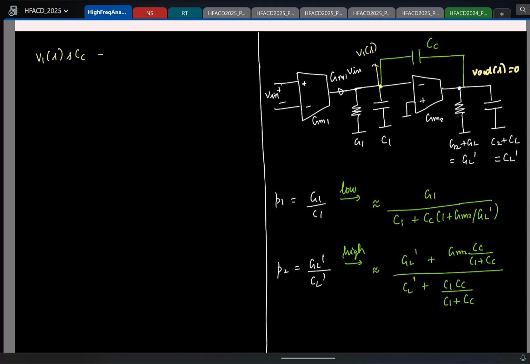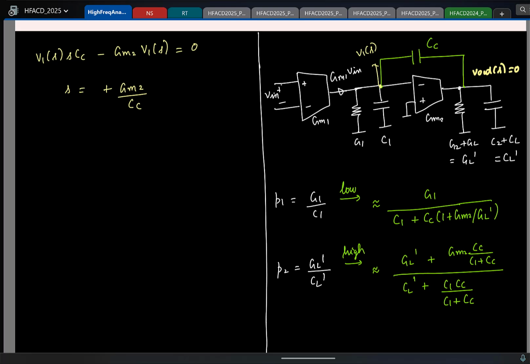Minus GM2 into V1 of S. Sum of these two will be equal to 0 because the output is assumed to be 0. So again, we can argue that V1 of S cannot be zero because you are applying a finite, non-zero input. Which means the only possibility is for the complex frequency S to take this value, GM2 by CC.